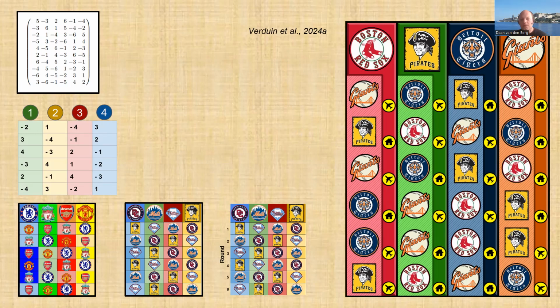Also, I'm still not completely happy with this figure because it doesn't really show that the rounds progress downward. So it doesn't show that this is round 1, this is round 2, this is round 3, etc. So I'm still not really happy, but this is the figure as it is.